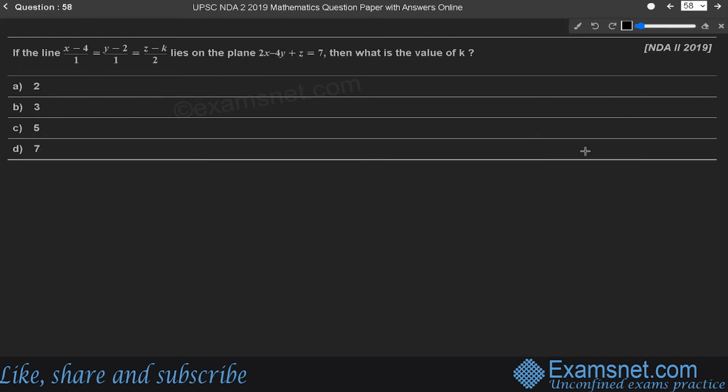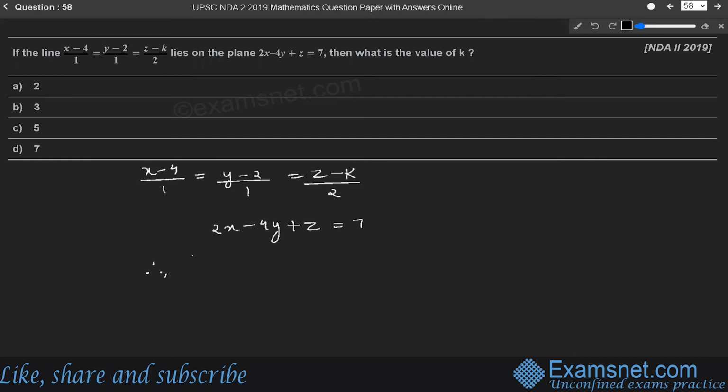Next question is, if the line x minus 4 upon 1 is equal to y minus 2 upon 1 is equal to z minus k upon 2 lies on the plane 2x minus 4y plus z is equal to 7, then what is the value of k? So we have to find the value of k.